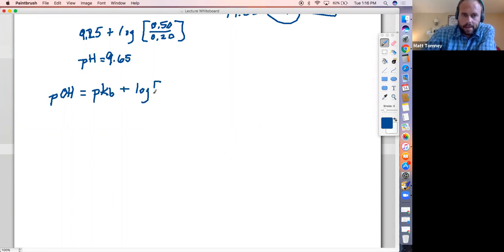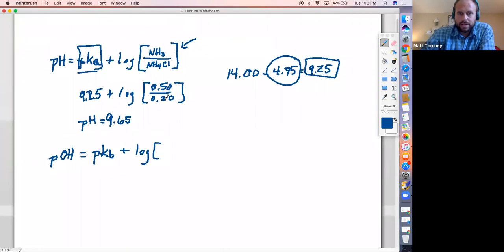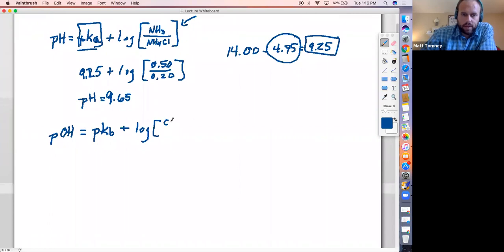And what do you think is going to happen to the log in this case? It's going to be what's on top. Since everything's flipping, the conjugate acid now goes on top instead of the base. Okay? It's going to be conjugate acid over the base.